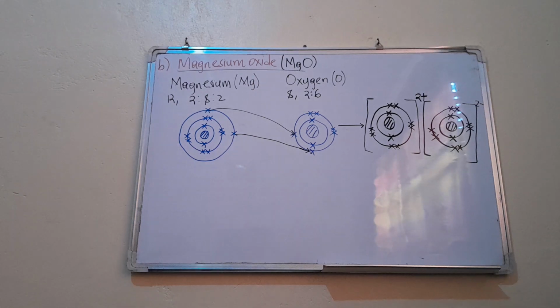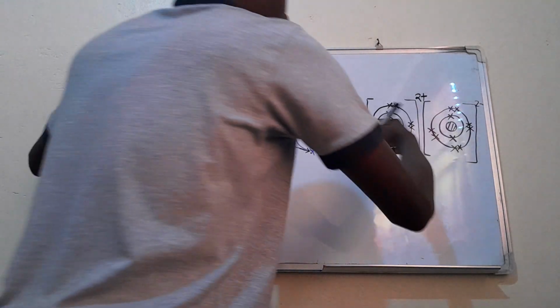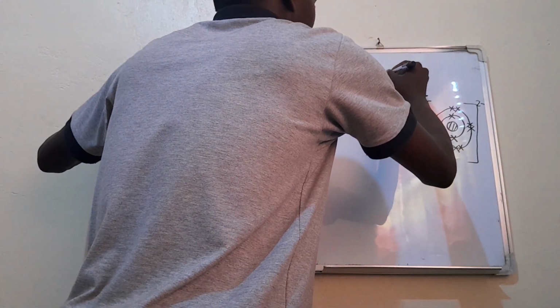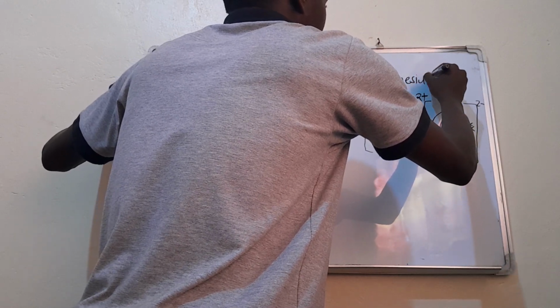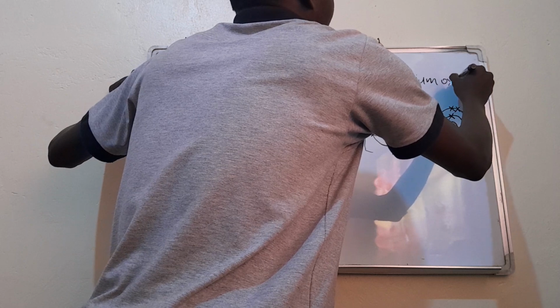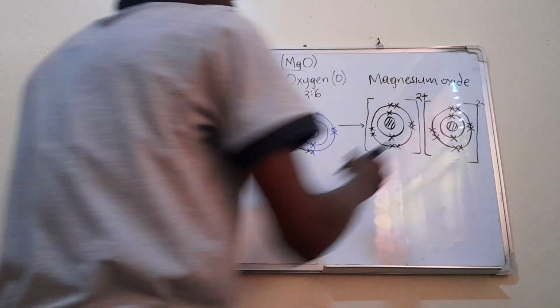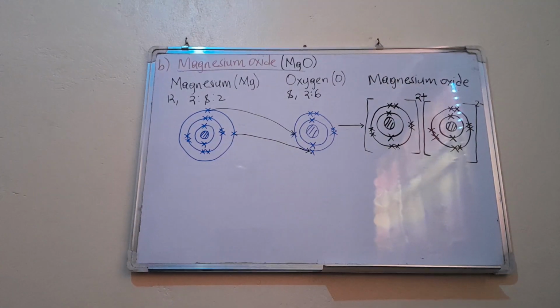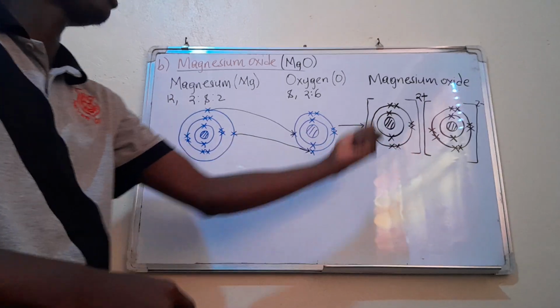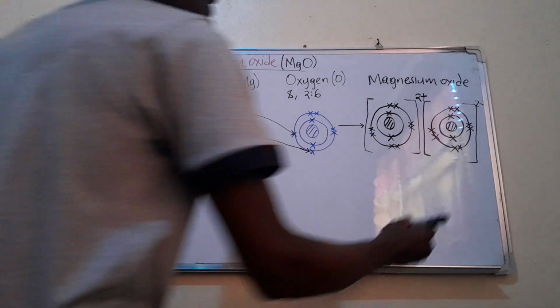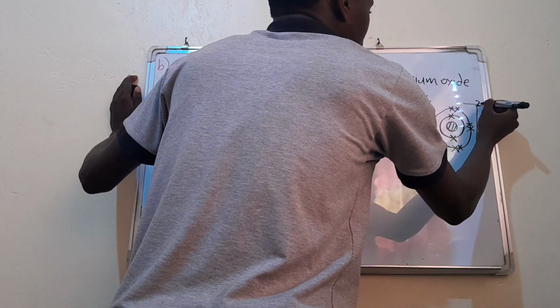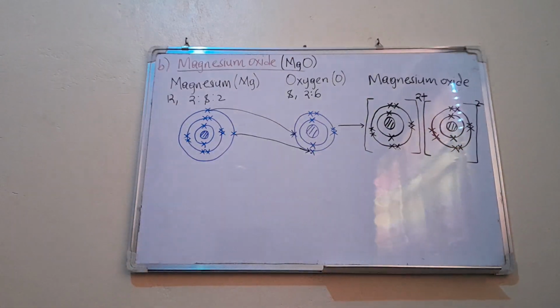It has gained 2 electrons. So the whole of this is what we are calling magnesium oxide. I have drawn both of them close to each other because there is a force of attraction binding them. This is 2 minus.